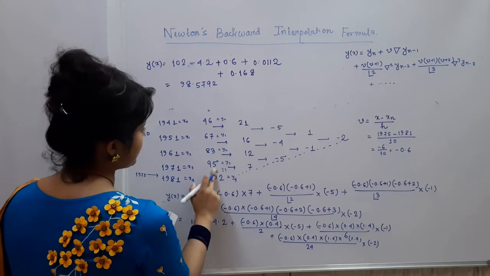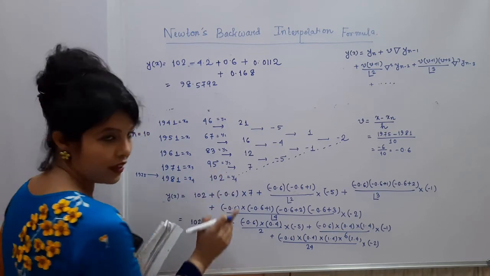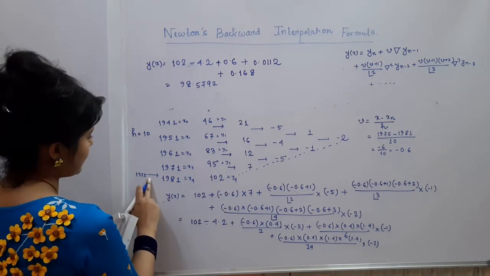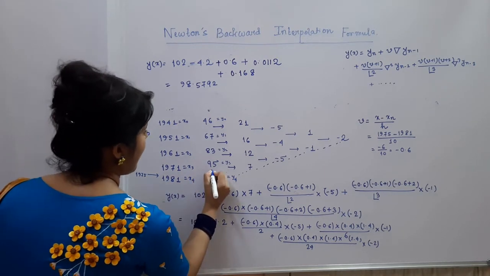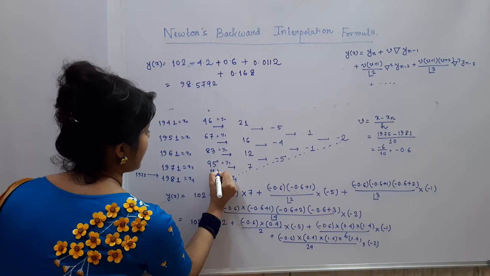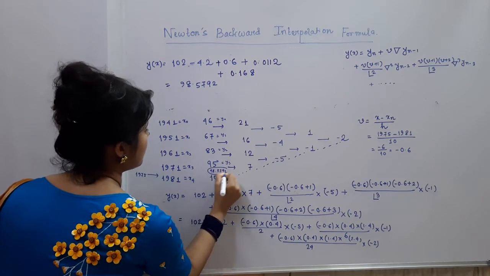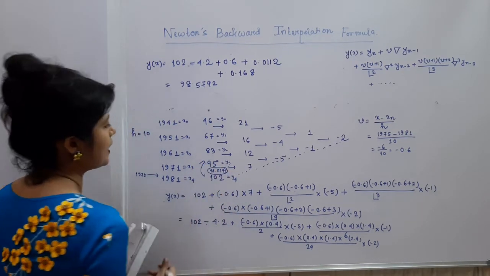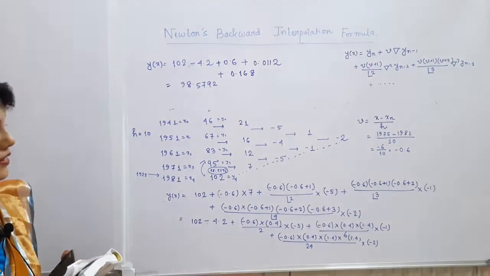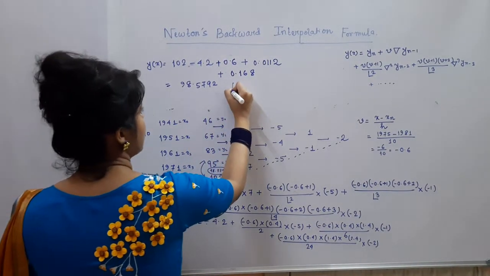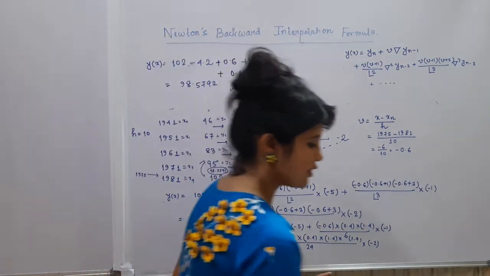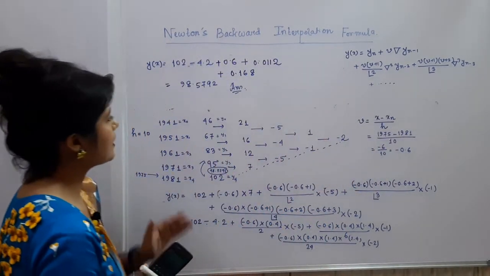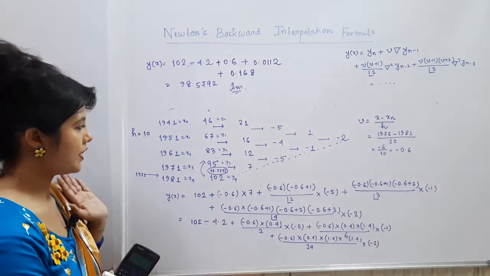And it is very clear that this 98.5792 is in between 95 and 102, and the x was 1975, for which y was to be estimated. The value of y is 98.5792, and clearly it is in between 95 to 102. So therefore the answer is correct. So this is the problem where we have applied Newton's backward interpolation formula.